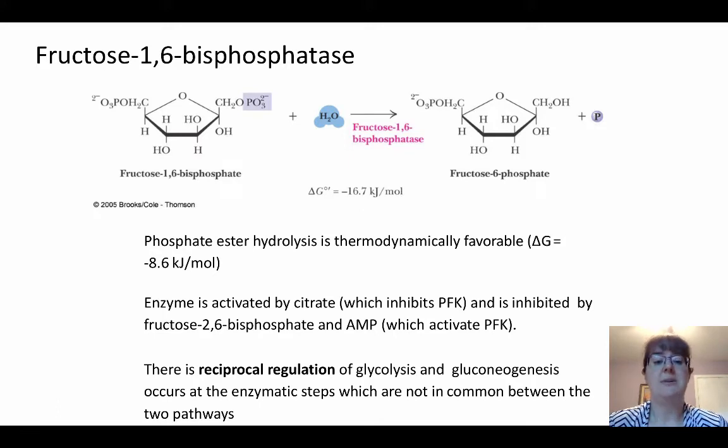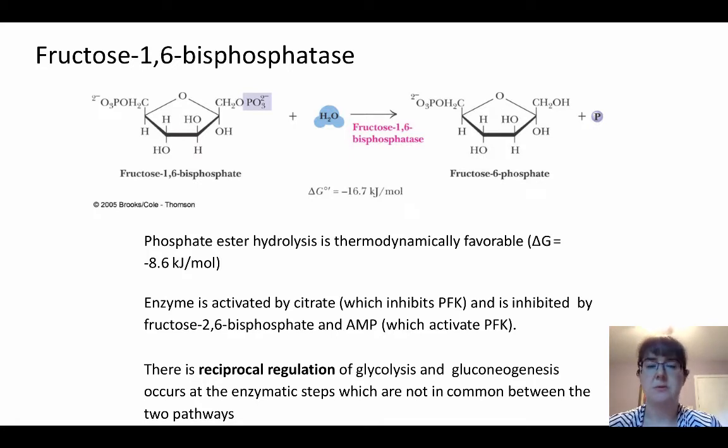This enzyme is going to be activated by citrate, which inhibits phosphofructokinase, and inhibited by fructose 2,6-bisphosphate and AMP, both of which activate phosphofructokinase. So there are those three molecules: citrate, which activates fructose 1,6-bisphosphatase, and fructose 2,6-bisphosphate and AMP, which inhibit it.